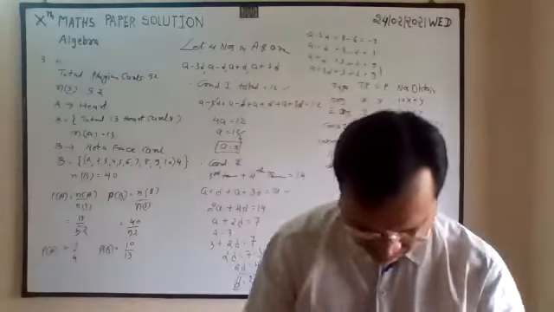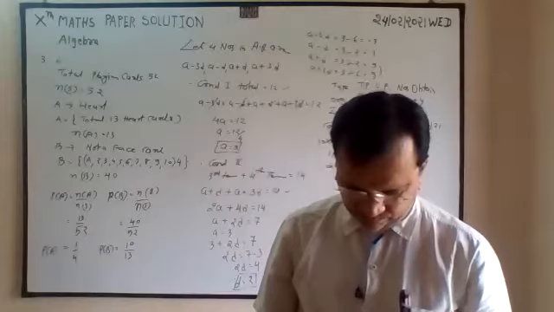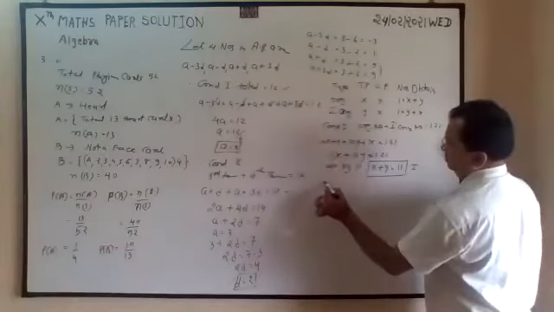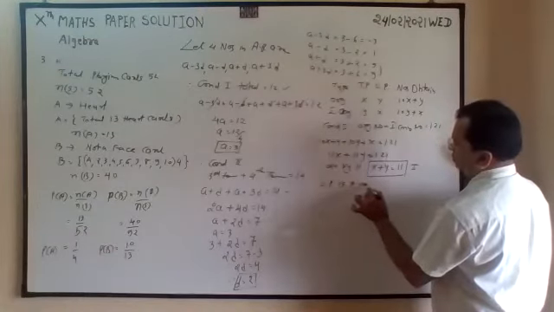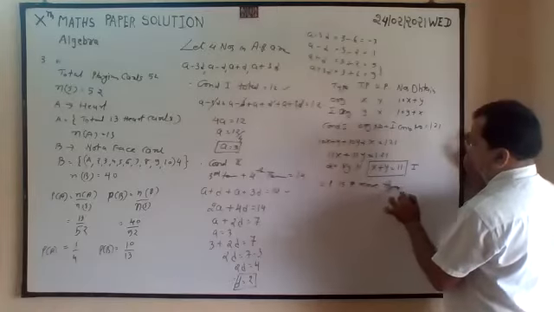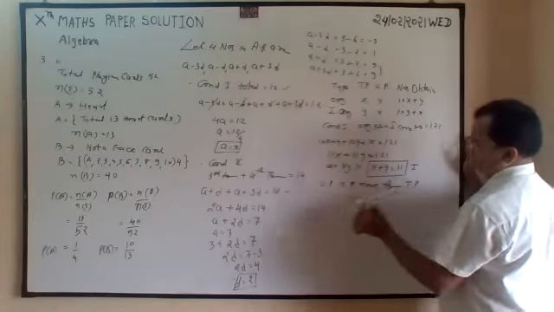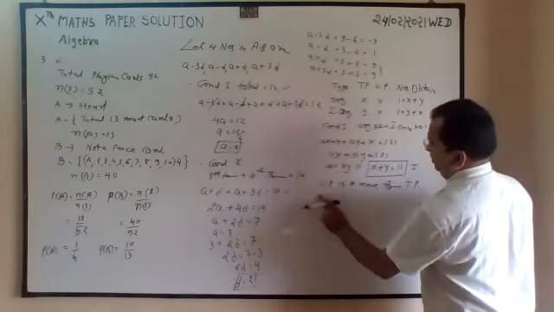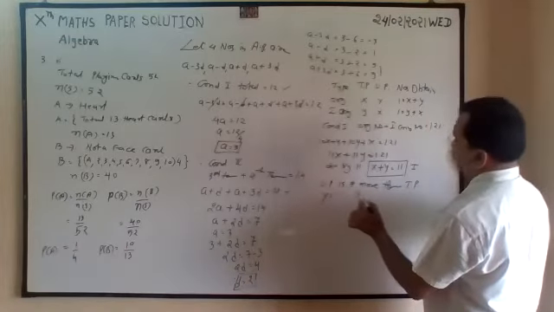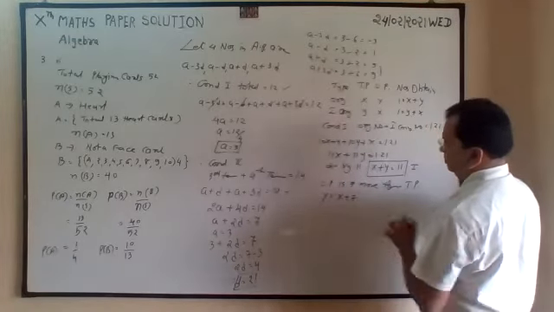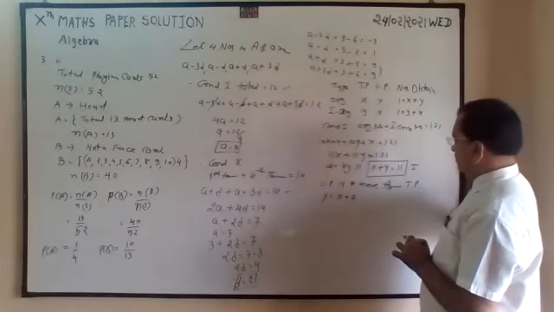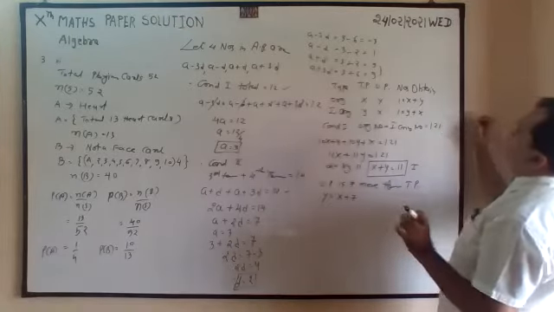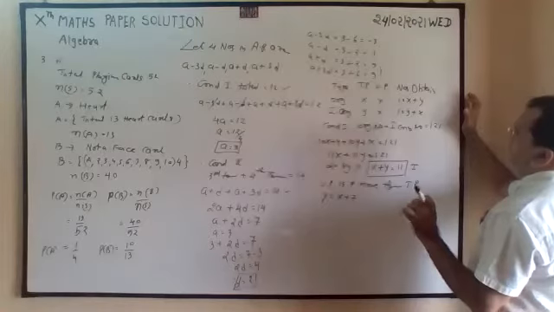Now the condition is given: unit place is 7 more than tenth place. Unit place is y, so unit place is bigger and tenth place is smaller.